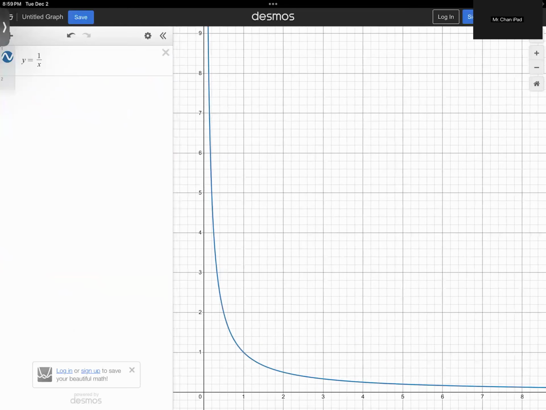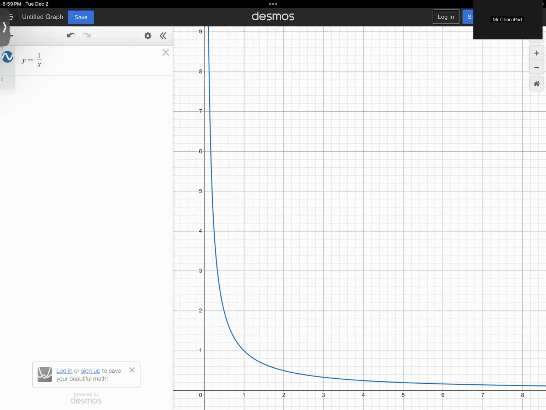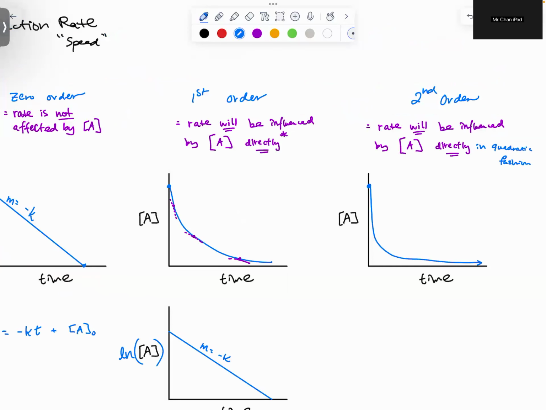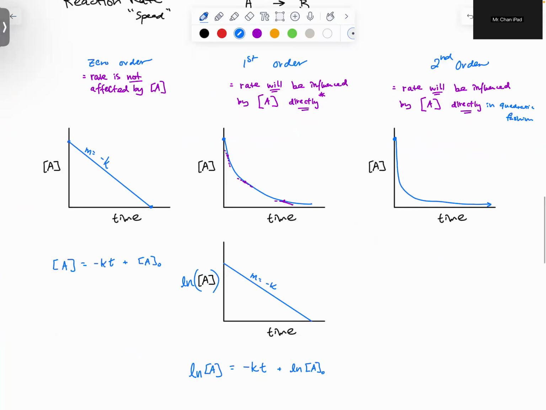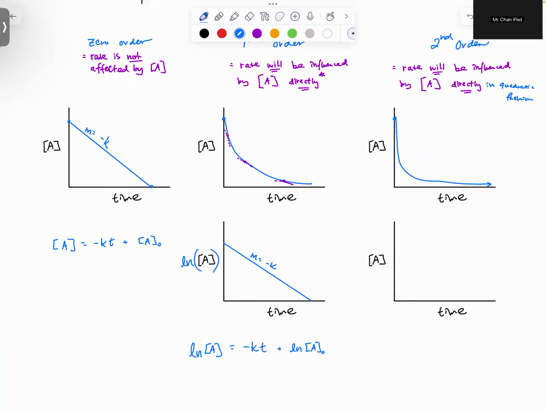Okay. So if you want to make a straight line out of this graph, what must you do? You do the inverse of 1 over x, which happens to be also 1 over x. Okay.